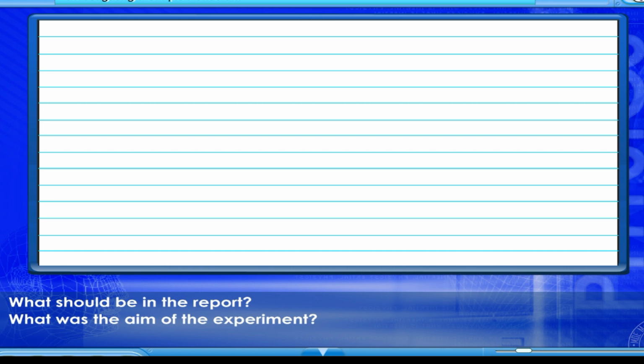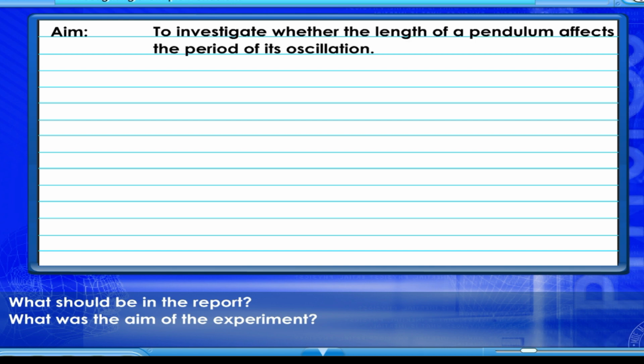In other words, what was the aim of the experiment? To investigate whether the length of a pendulum affects the period of its oscillation.